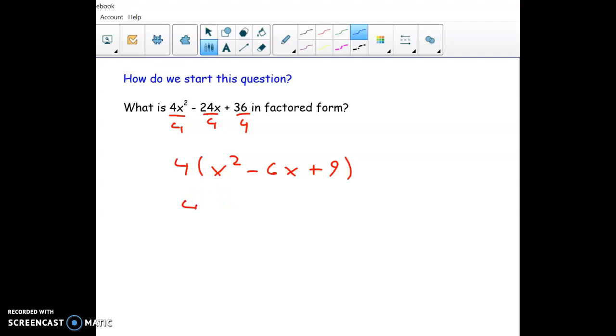And then you might say, oh, now I have x squared here, so now I can just figure out what multiplies to positive 9 and adds up to negative 6. Right, and so you can factor this remaining part into x minus 3 and an x minus 3, right? And so you still have the 4 out front, but then you can avoid the long factor by pulling out the GCF. All right, hope that helps.